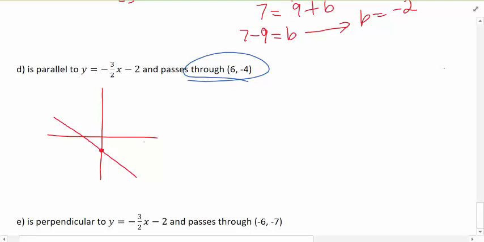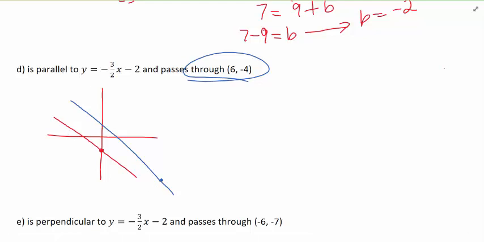So 6 and negative 4 is somewhere on here. So what I want is a line that's parallel to the red one, but passes through that point.